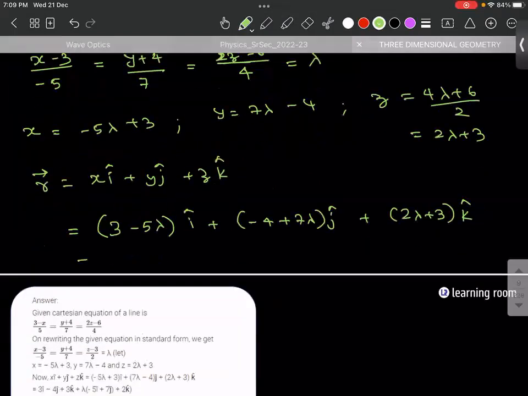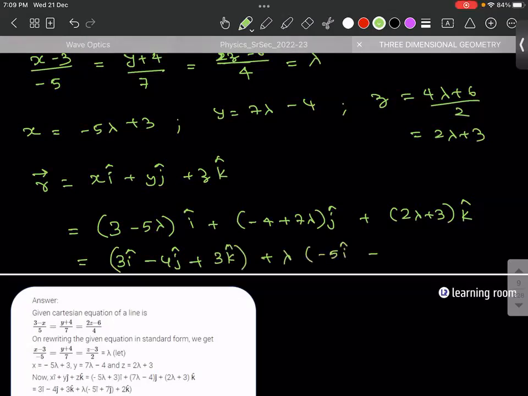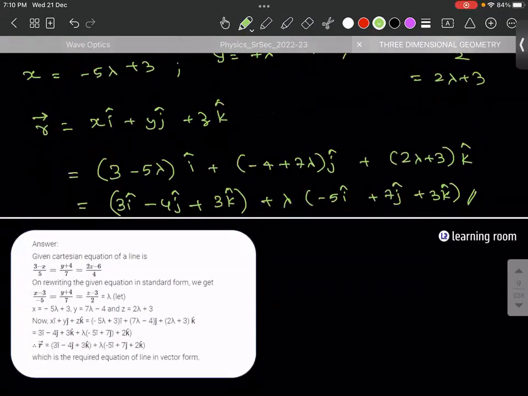So what will be the answer? 3i cap minus 4j cap plus 3k cap plus lambda times minus 5i cap plus 7j cap plus 2k cap. This should be the answer. Correct? 3, minus 4, 3, minus 5, 7, 2. Yes, sir. This 2.